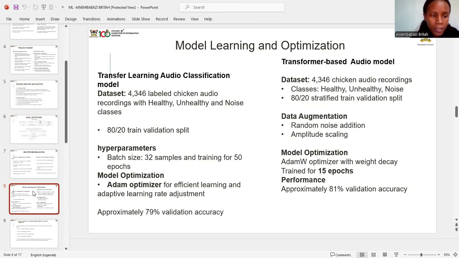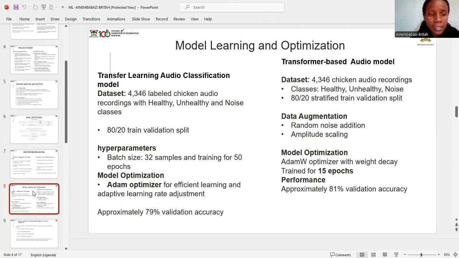To evaluate the model effectively, the dataset was divided into training and validation sets using an 80/20 split, where 80% was used for training and 20% was used for validation.